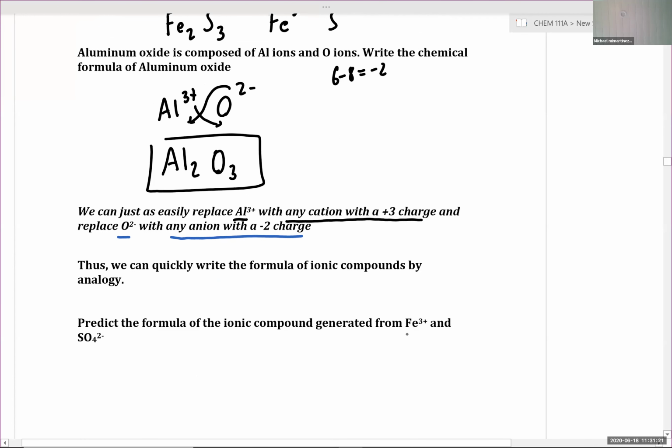So for example, if we're dealing with a compound formed from iron 3 plus and sulfate, so we have iron 3 plus and SO4 2 minus. Our charges are the same, so our overall formula structure should be the same.